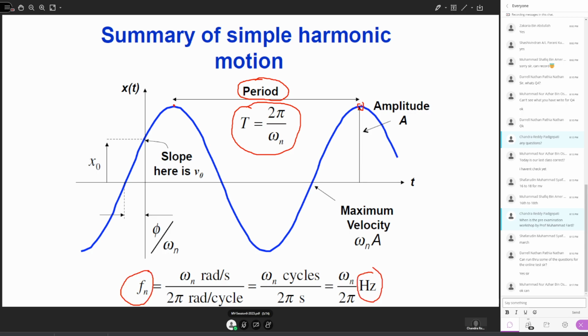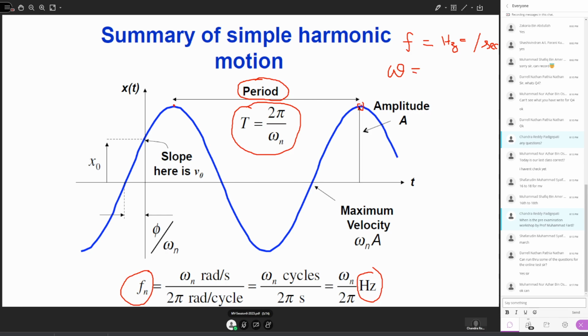Then the natural frequency in hertz. You can see that the frequency is expressed in two ways. One is the frequency in hertz, which is simply the number of oscillations per second. So how many oscillations per second, that is the frequency. You can also refer to the radial frequency or the circular frequency in radians per second.